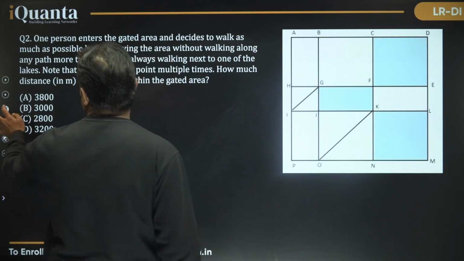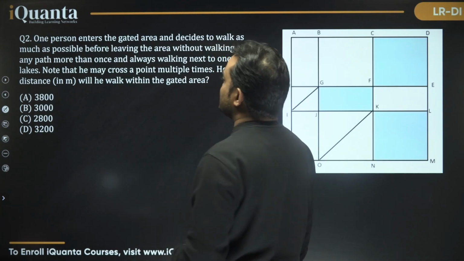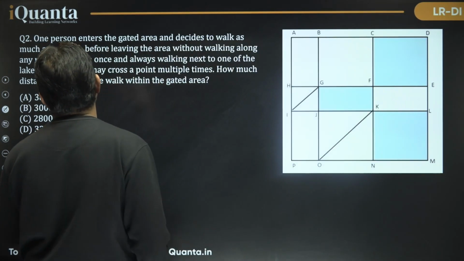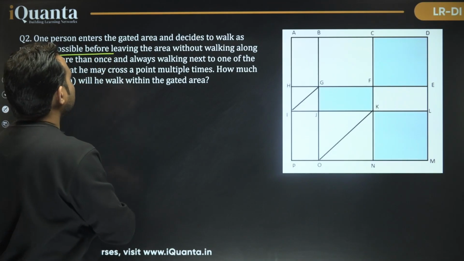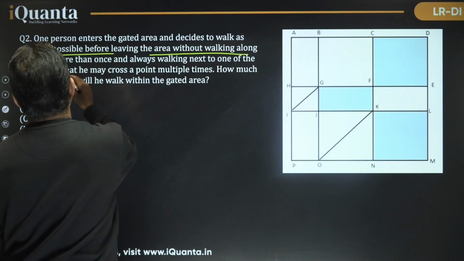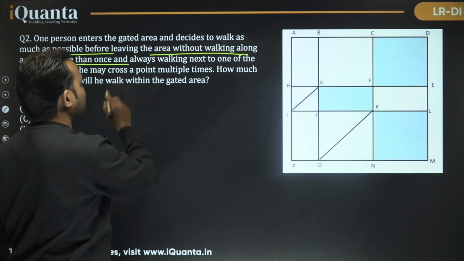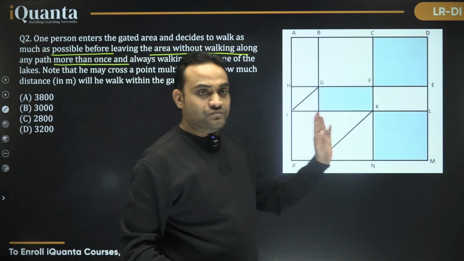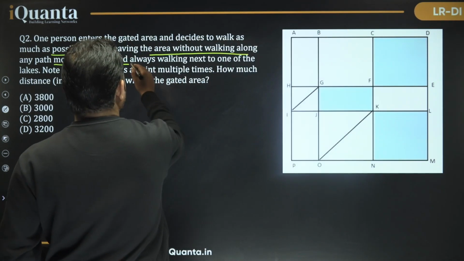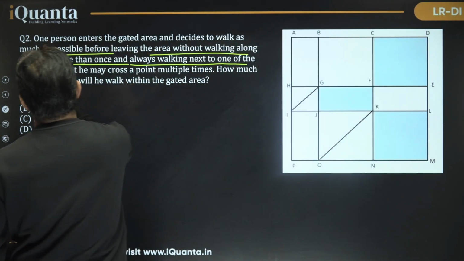Now next question, question number 2. One person enters the gated area and decides to walk as much as possible before leaving the area without walking along any path more than once. So, no path should be repeated and always walking next to one of the lakes.